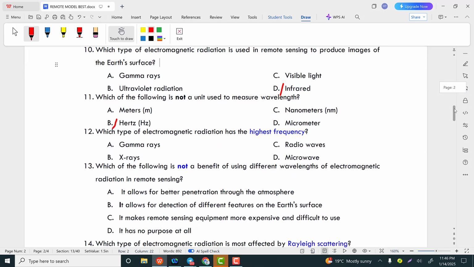Question number 12. Which type of electromagnetic radiation has the highest frequency? The higher the frequency, the shorter the wavelength. I have told you in the previous question, frequency and wavelength have an inverse relationship. So for the highest frequency from the available four options, the gamma ray has the higher frequency and the wavelength is short. X-ray has the higher frequency.